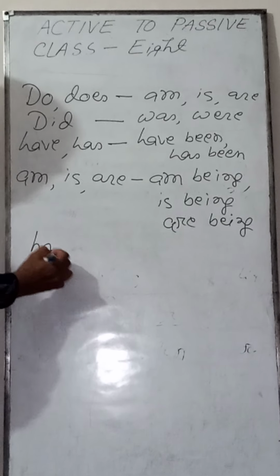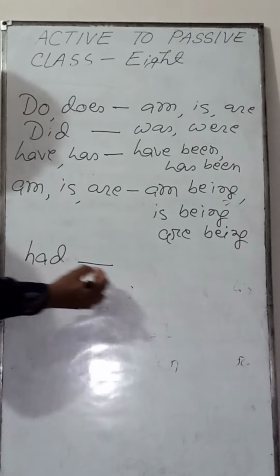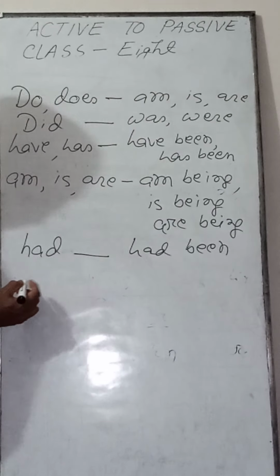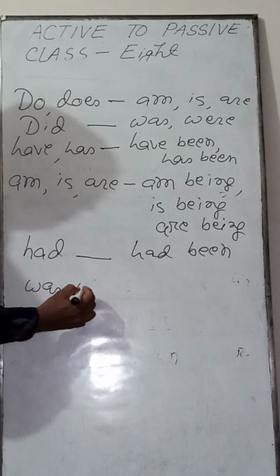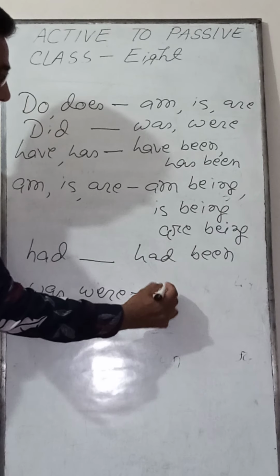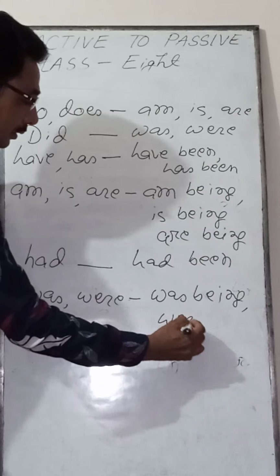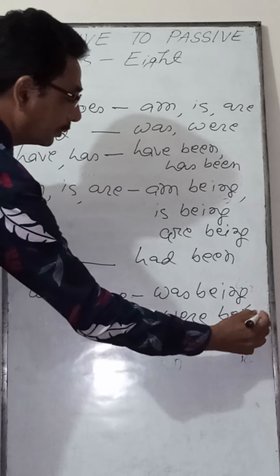If you get the auxiliary verb had, you have to write had been. If you find was or were, you have to write was being and were being.